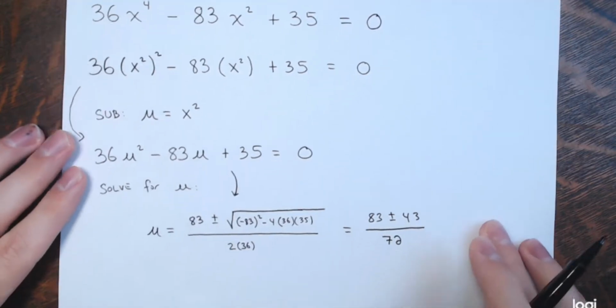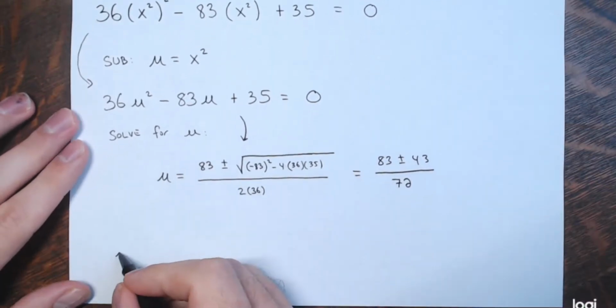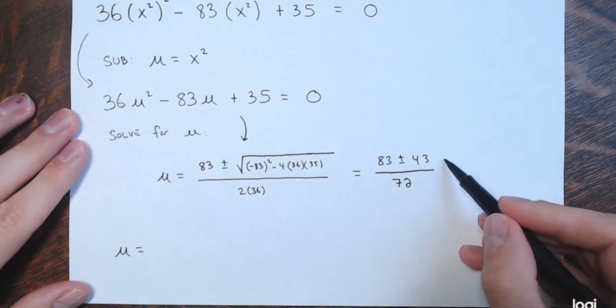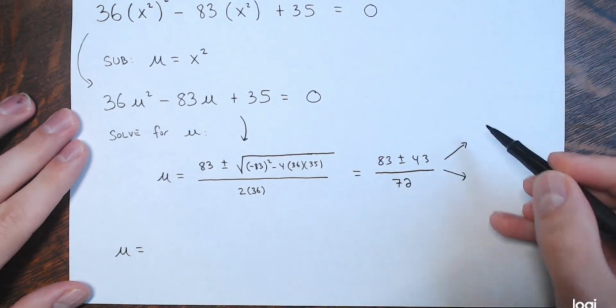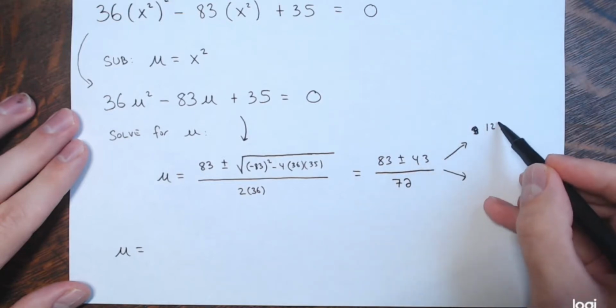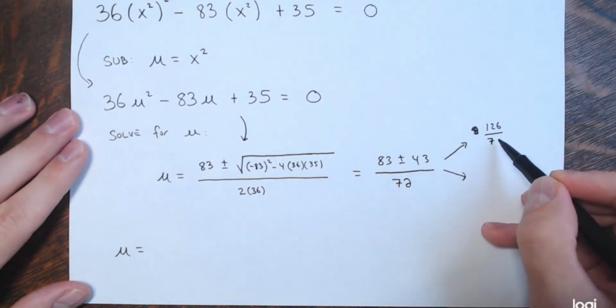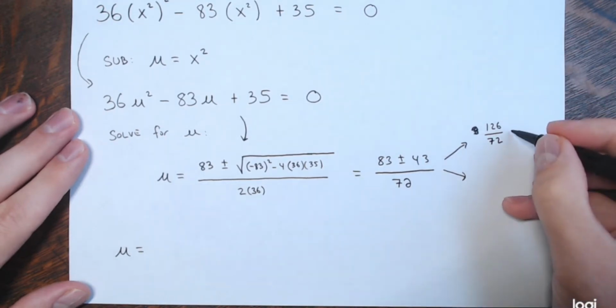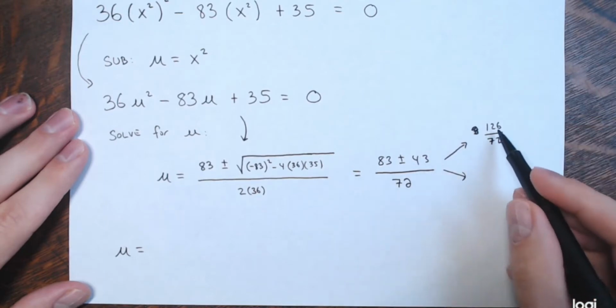And we're getting two solutions here, right? u equals 83 plus 43, we got two of these. 83 plus 43 is 126 over 72, which I can reduce. 9 goes into both of these evenly, I'm pretty sure.